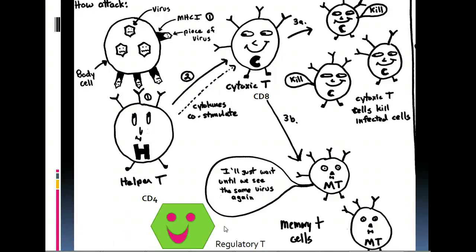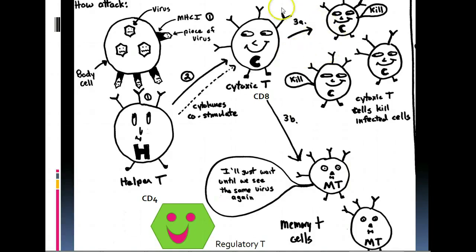Okay. So again, infected by a virus, put a piece of that virus on an MHC protein. Find the correct helper T, the one that fits, and the correct cytotoxic T, the one that fits. Once that happens, co-stimulation with cytokines causes cytotoxic T to go through mitosis.